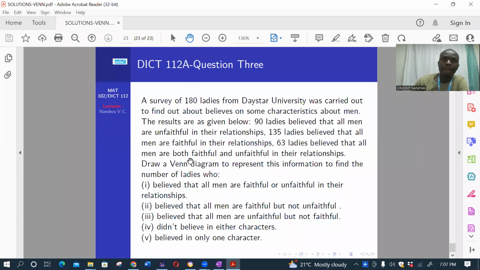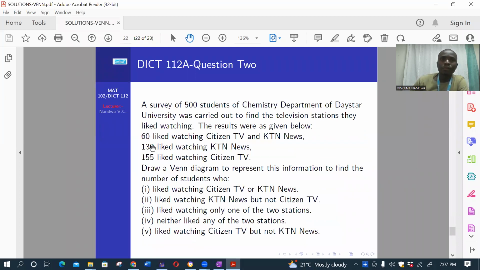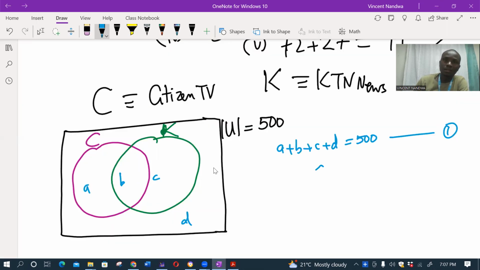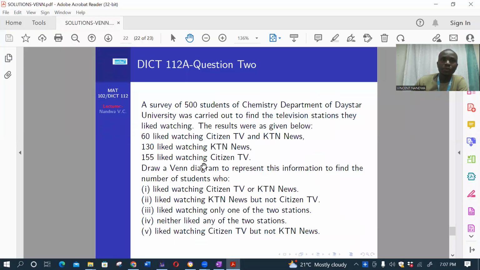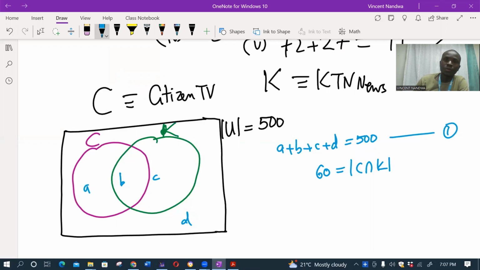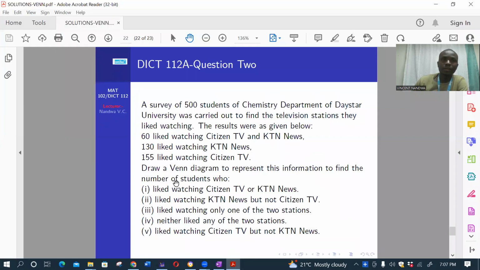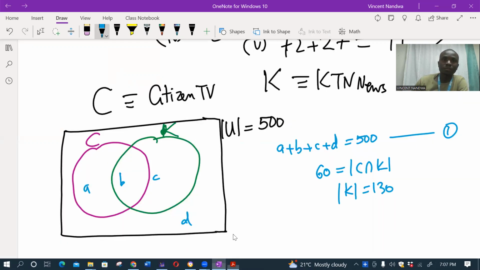And then 60 liked watching Citizen and KTN News. So 60 is the cardinality of C intersect K. 130 liked watching KTN News. So the cardinality of K is 130. And 155 liked watching Citizen TV. 155 is the cardinality of C. So C is A plus B. So A plus B is 155.